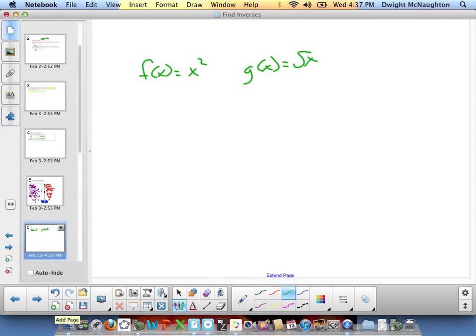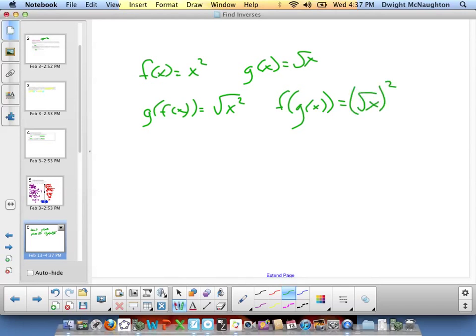If I take g of f of x, I take f and throw it into g, I get that. If I take g and throw it into f, I get this. If I simplify this down, I get x.